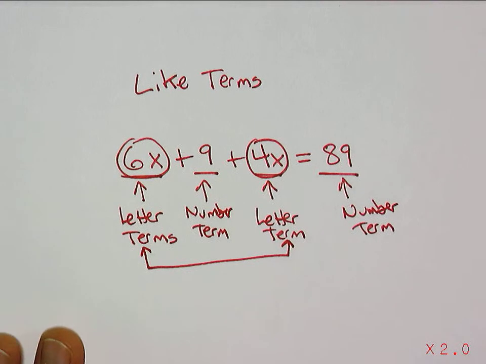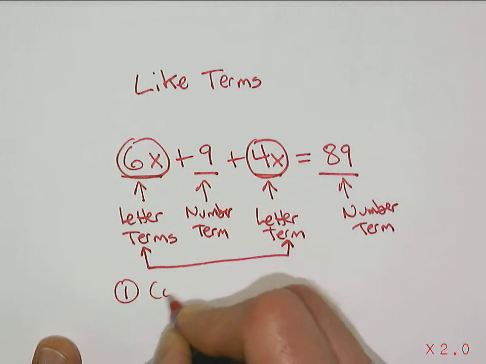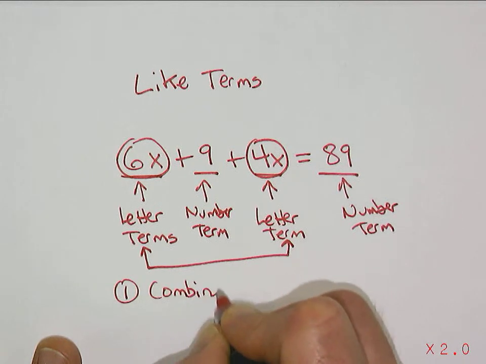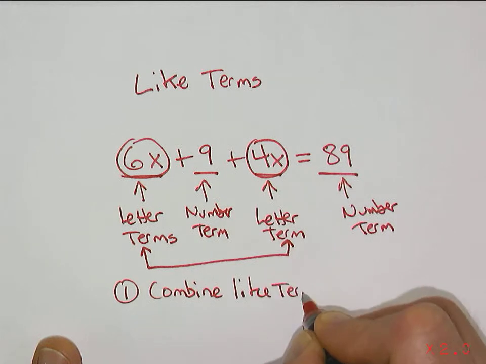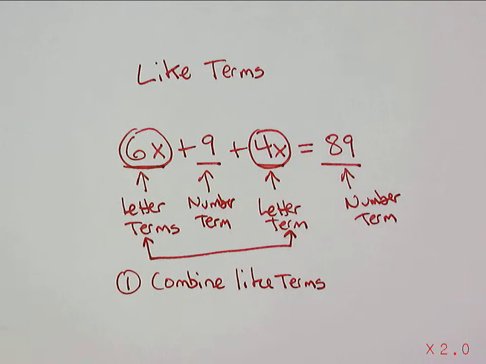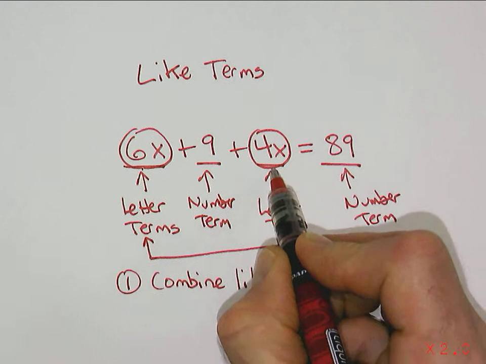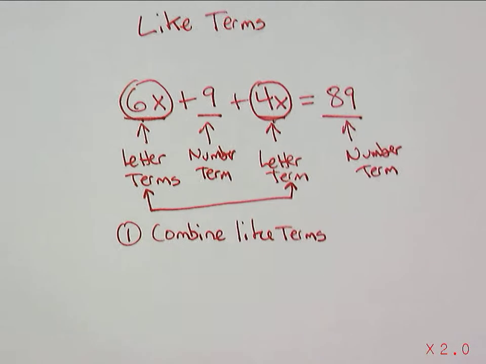So the first step in any of these is to combine or put together like terms that are on the same side. So we're going to combine those like terms. If we put the 6x together with the 4x, 6 and 4 gives us 10x.